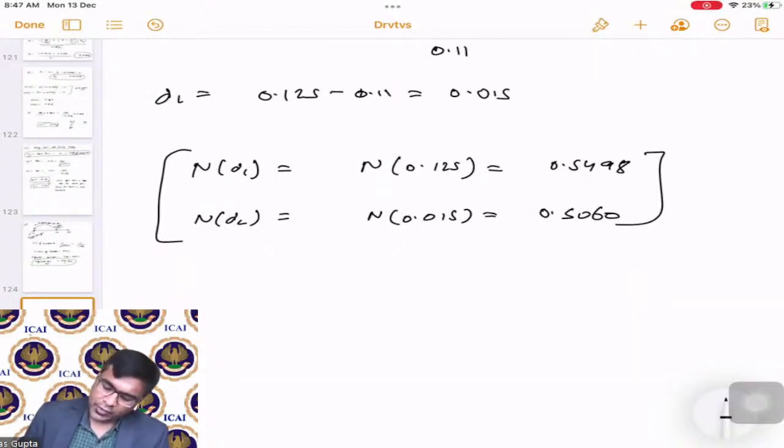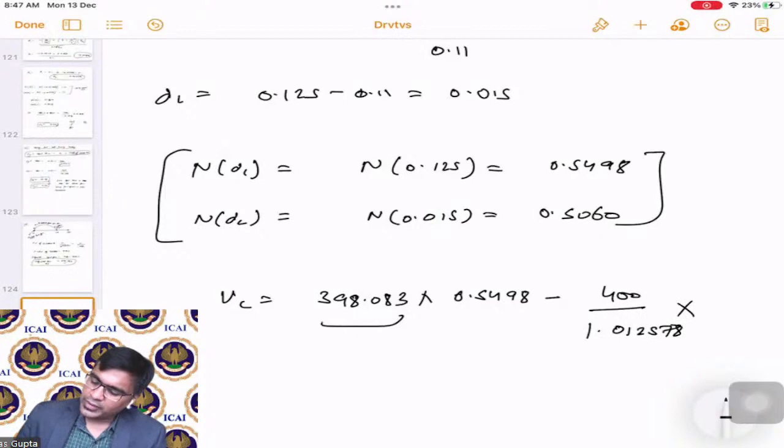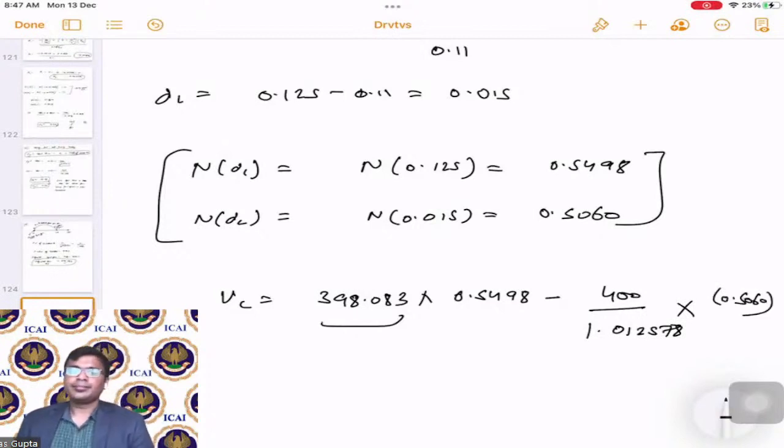Then the value of call option is equal to 398.083. This is the adjusted spot price that we have to use, correct? Multiplied by 0.5498 minus present value of strike price. This is again the same value only, 0.12578 multiplied by 0.5060.